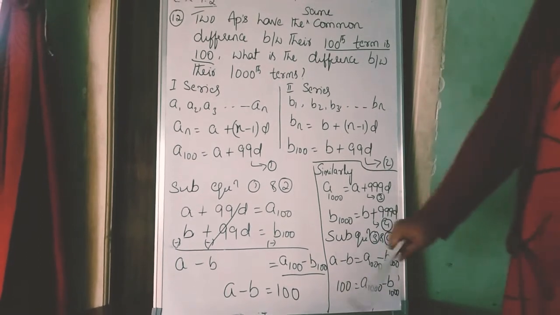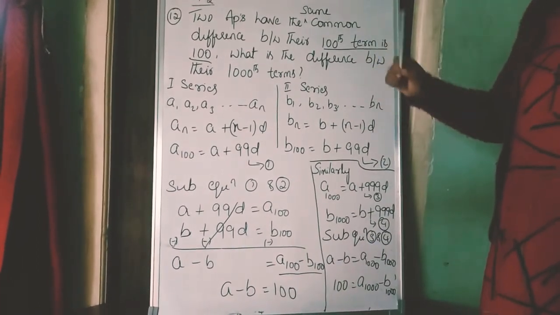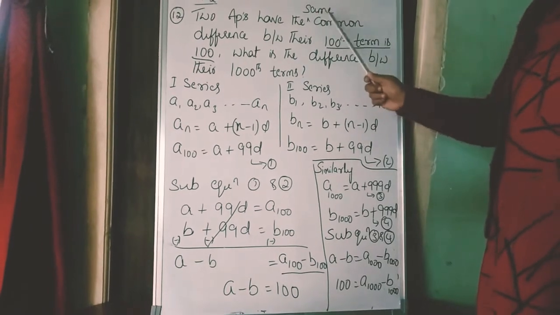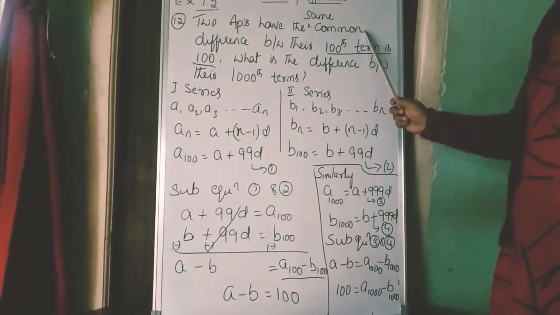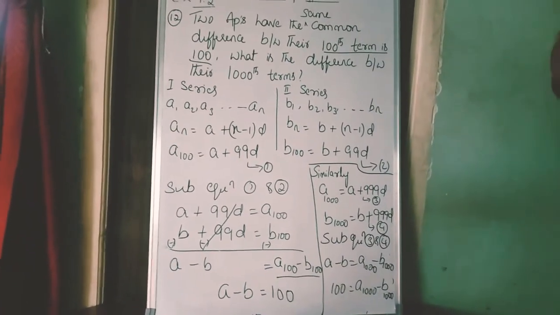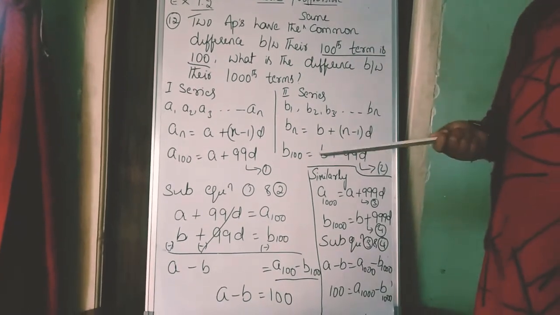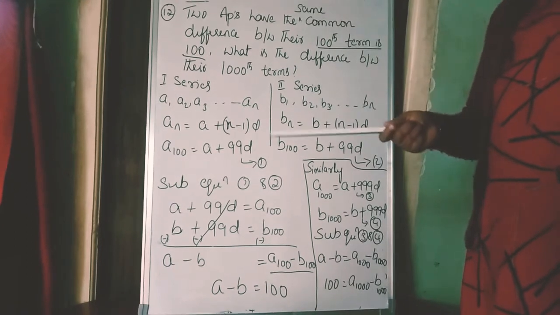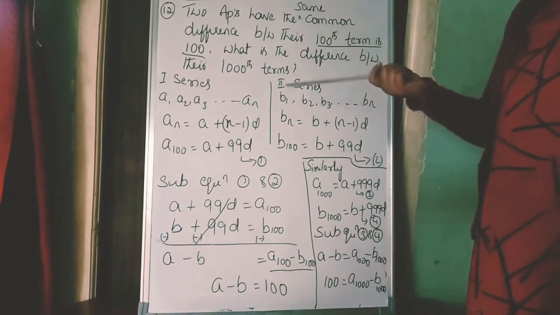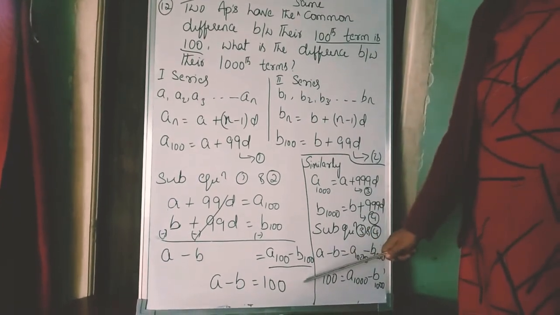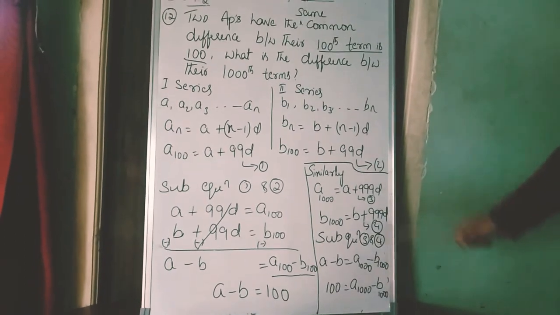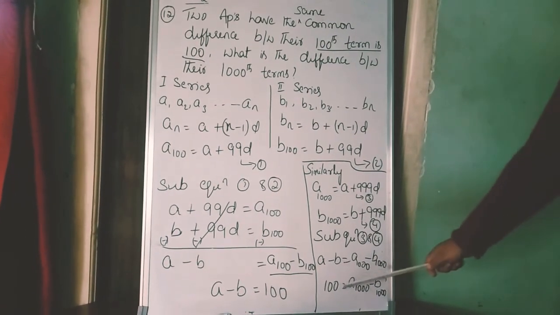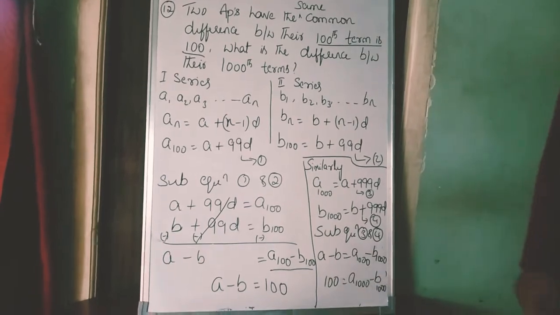What is the moral of the story, children? If two APs have the same common difference, then the difference between their 100th terms is 100, and suppose you take the difference between the 150th terms, then also it is 100 only. If you take the 1000th terms, you will get 100 only.